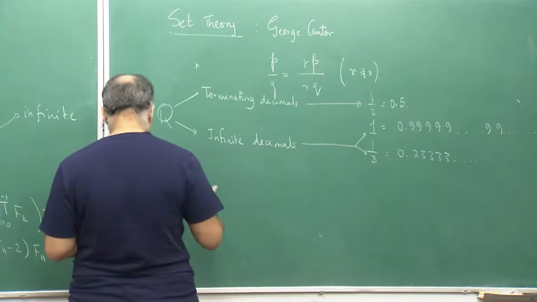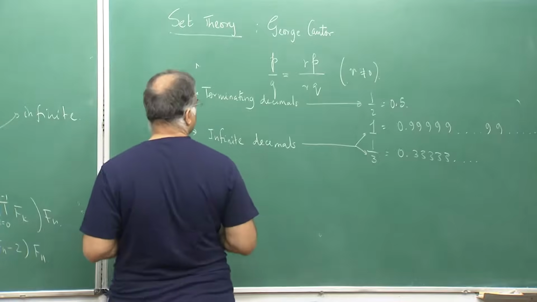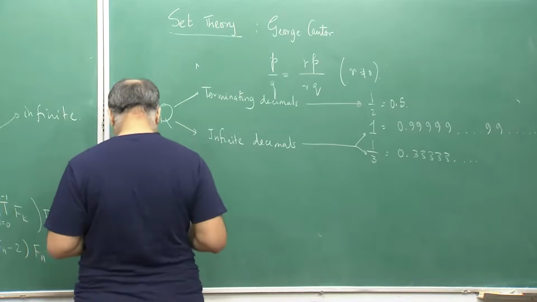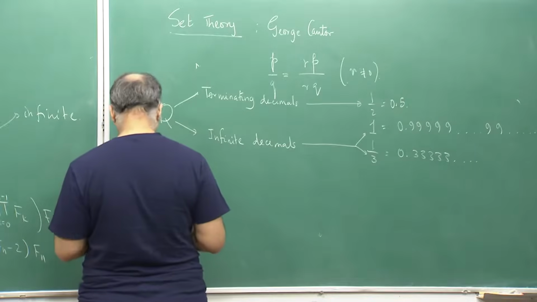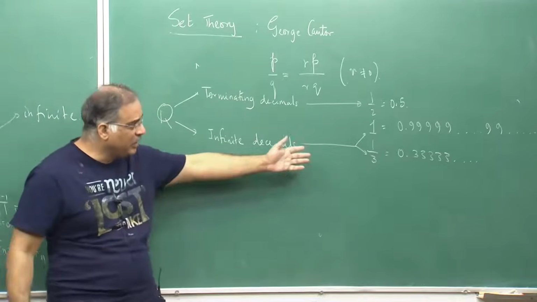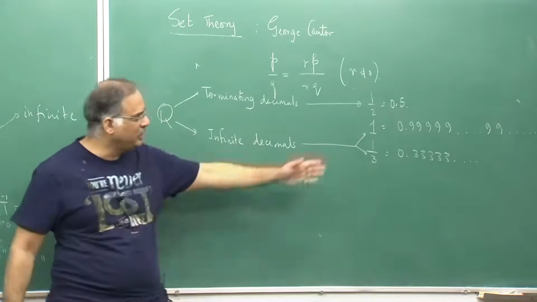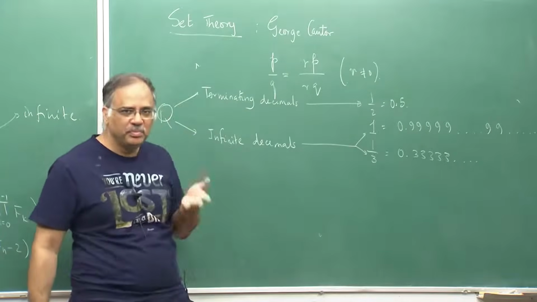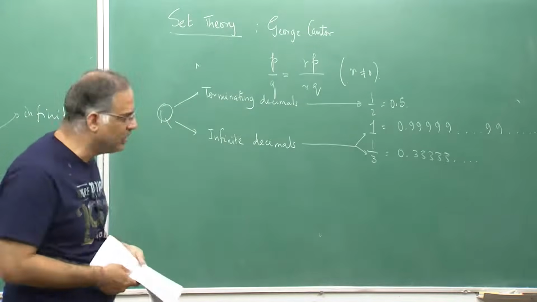Now, take this nice explanation given by Niven. Of course, you would like to have a terminating decimal rather than a non-terminating decimal. Terminating decimal looks much nicer. So, you ask the question, when would P by Q give me a terminating decimal? That is the question.